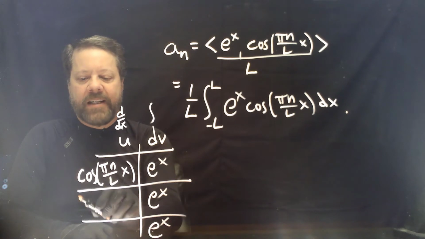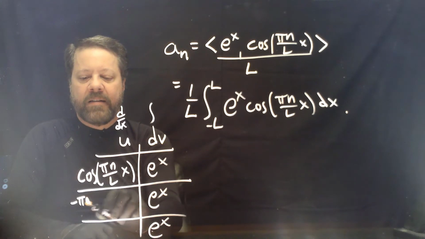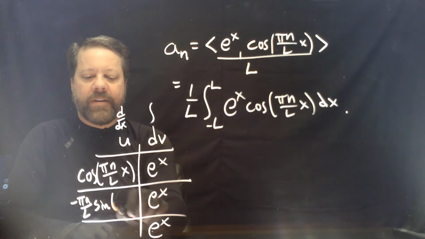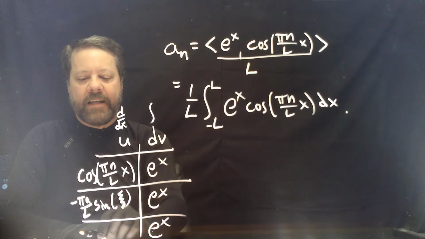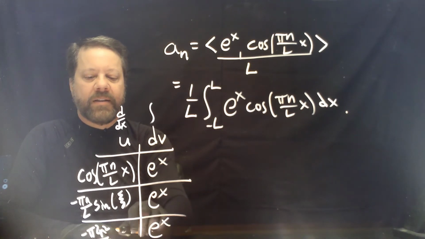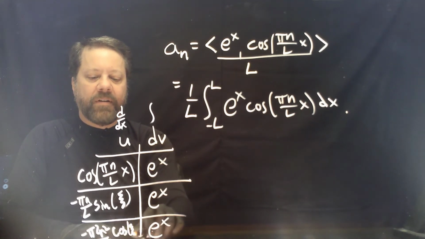When we differentiate here, we'll have minus pi n over L times the sine of all that same stuff. And when we take the derivative again, we'll have minus pi squared n squared over L squared times the cosine of all of that stuff.